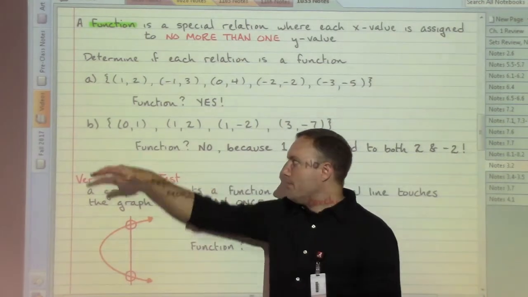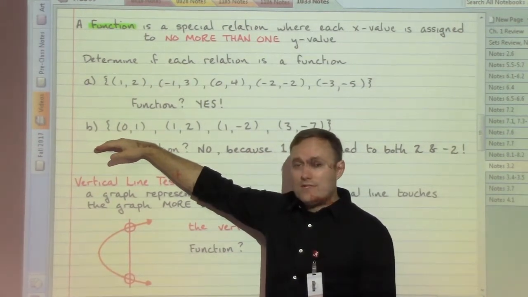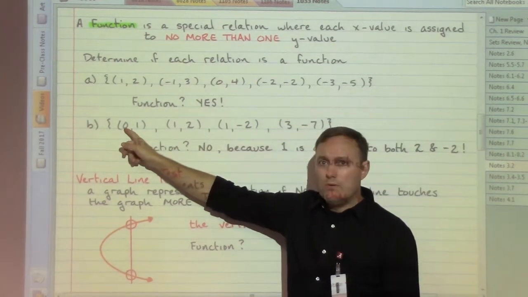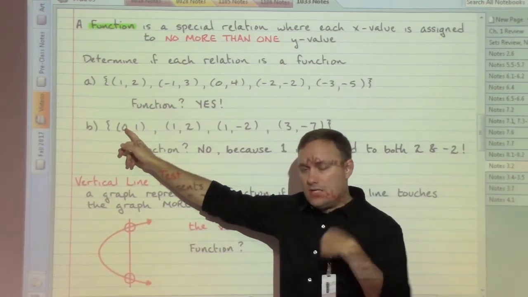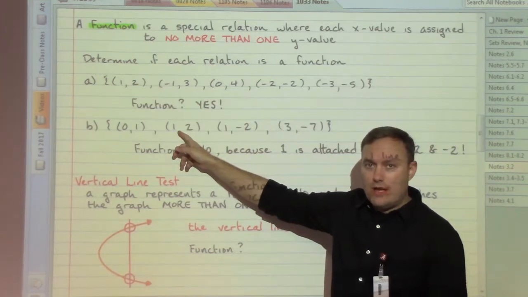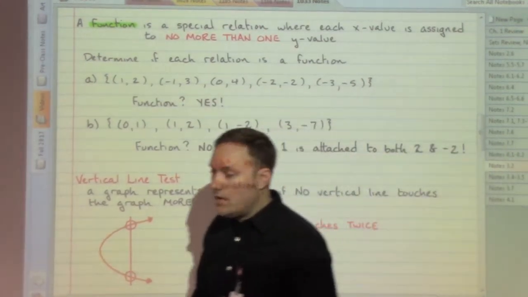So all the other numbers, like a negative 25. Negative 25 is not attached to another number, but the 0, is it attached to only one significant other? The 1, does it have only one significant other? Nope. Not a function.